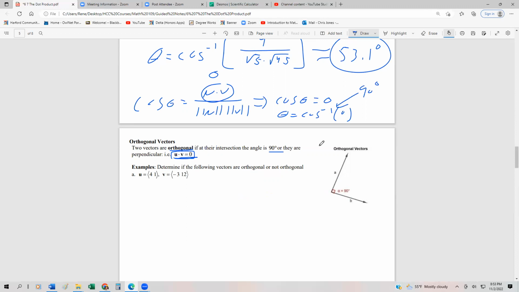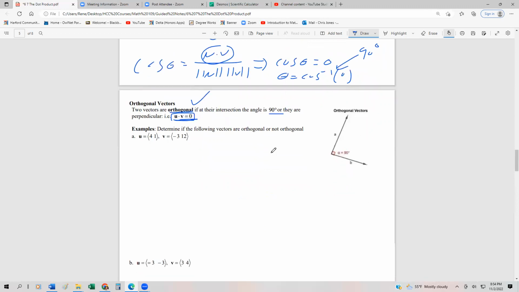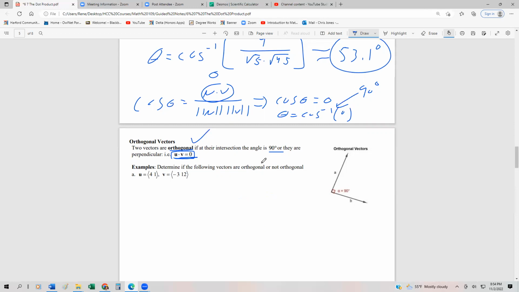So that's why, if the dot product is 0, two vectors are orthogonal. Later in mathematics, orthogonal means a lot to us, but for right now, we're just trying to determine if they are orthogonal or not.